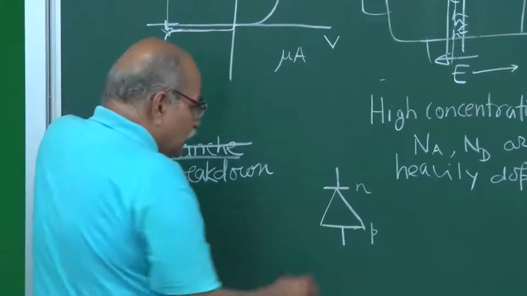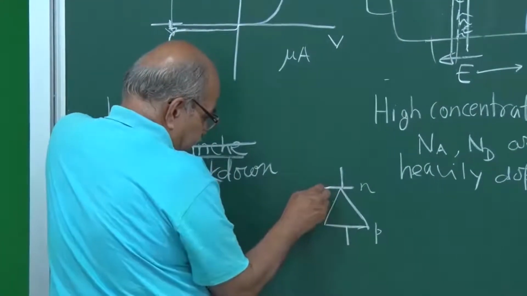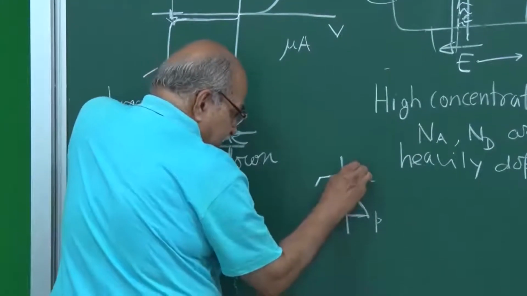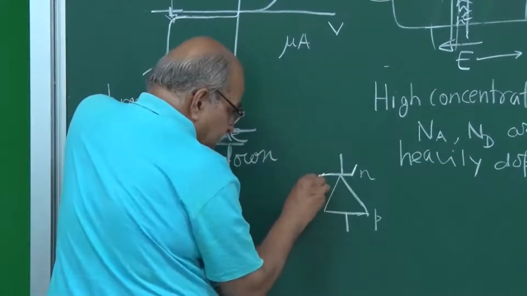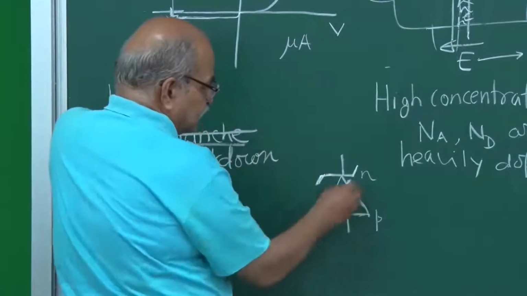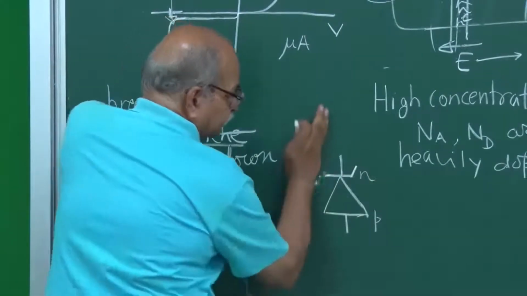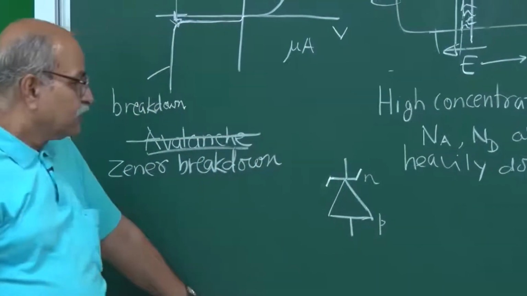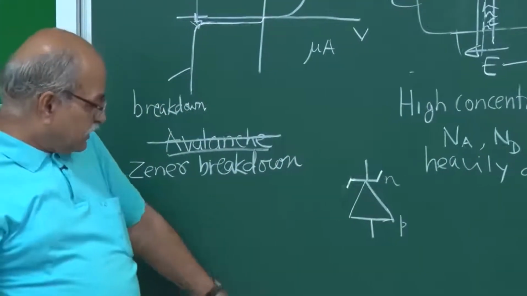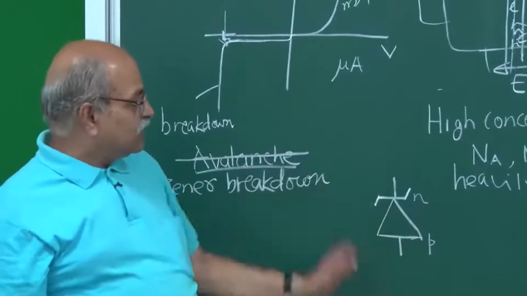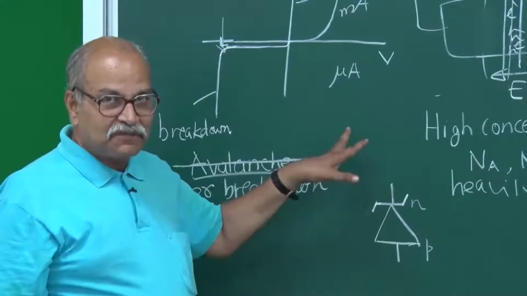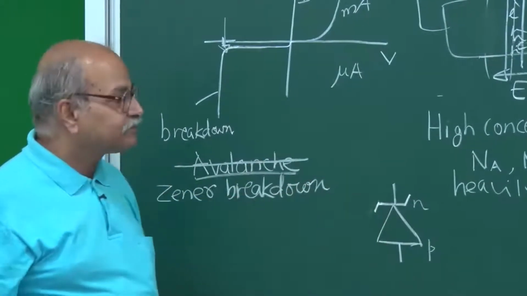But for Zener diode, this symbol has a slight modification. You put 2 more lines like this, like this. So this is a symbol for PN junction, the Zener diode. So wherever you see this kind of a symbol, these two extra lines, you understand that we are talking of Zener diode.